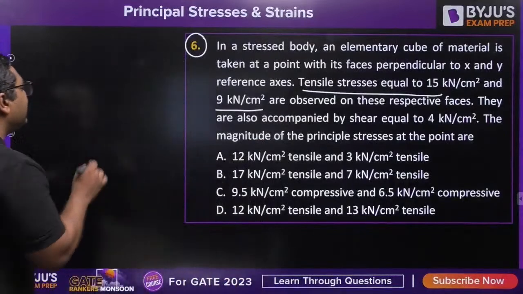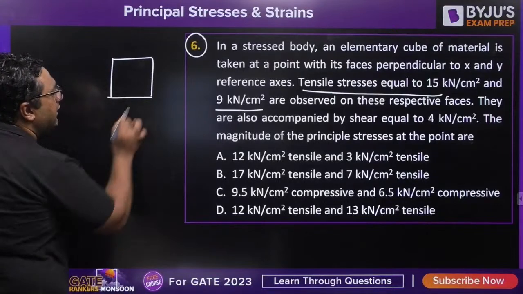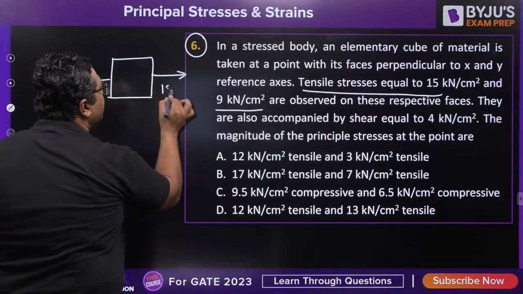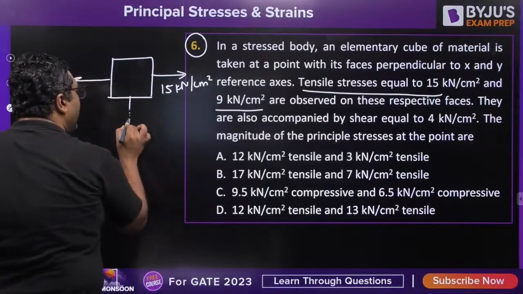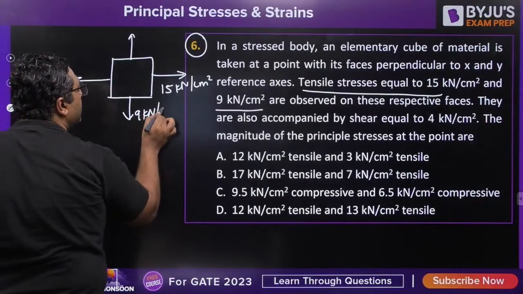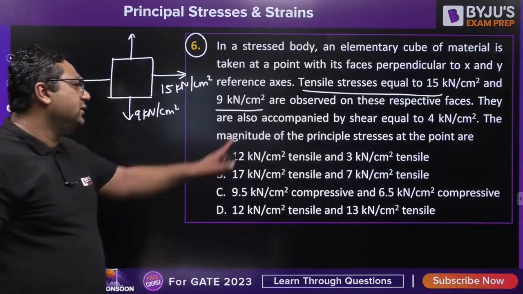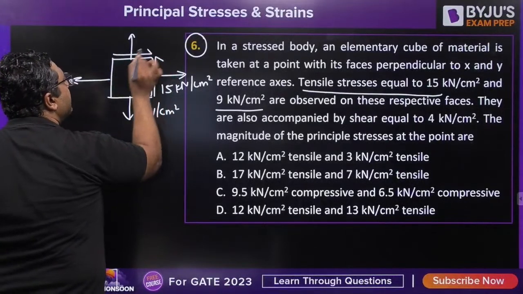They are saying there is a point shown by a rectangle and those two stresses are given to us. This stress is 15 kilonewton per centimeter square and this stress is 9 kilonewton per centimeter square. And they are saying that shear is also there, which is 4 kilonewton per centimeter square.